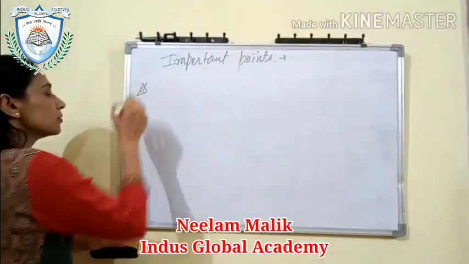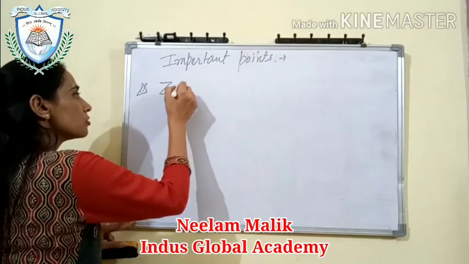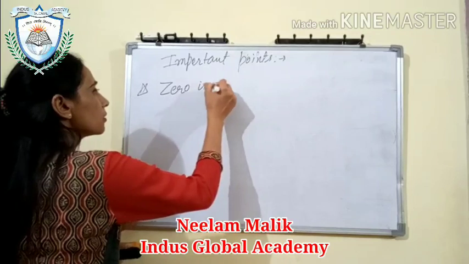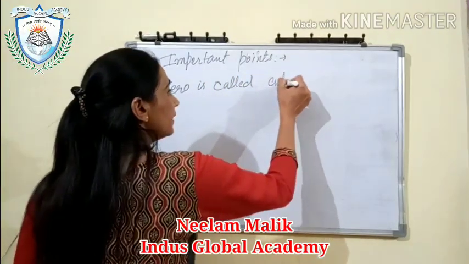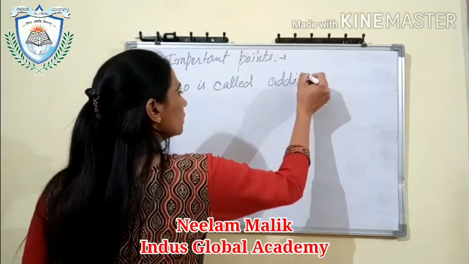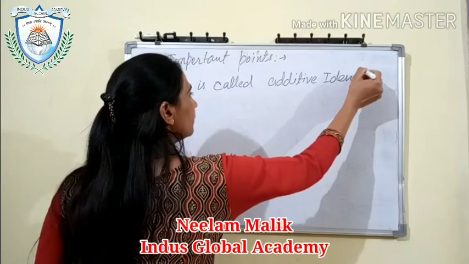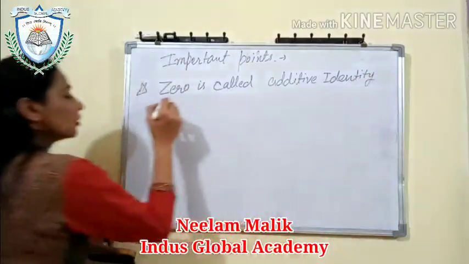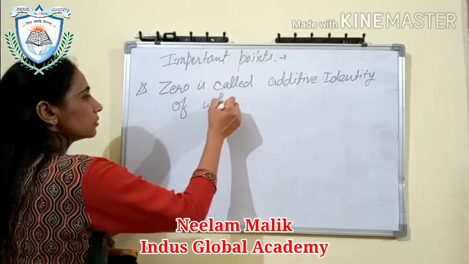First one is 0 is called additive identity of whole numbers.